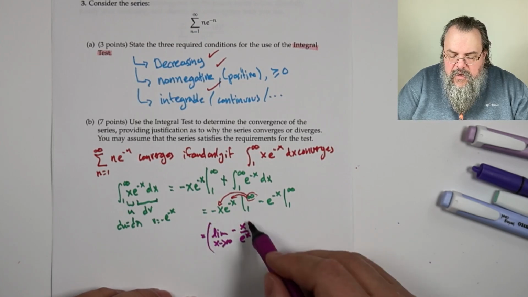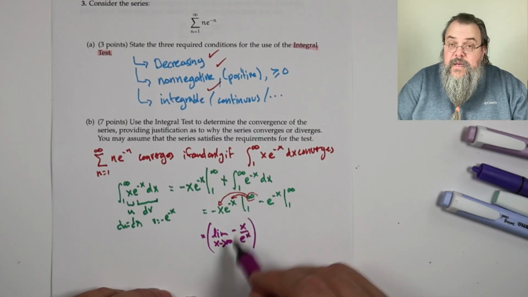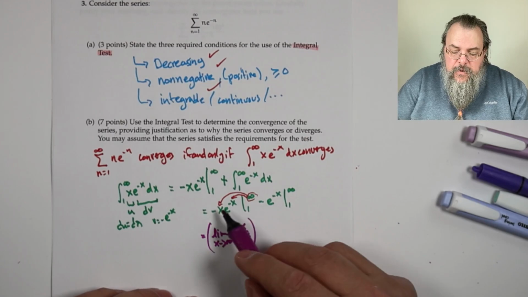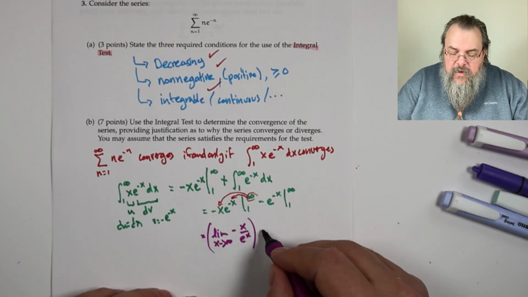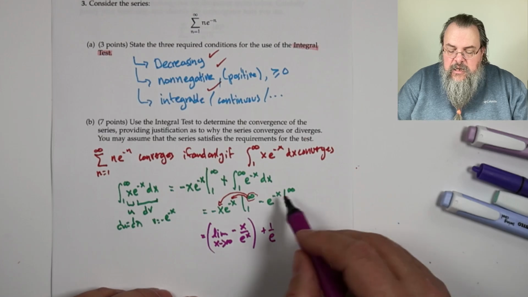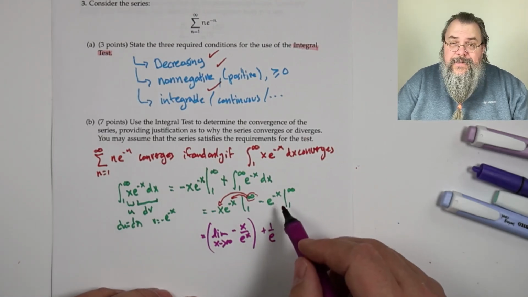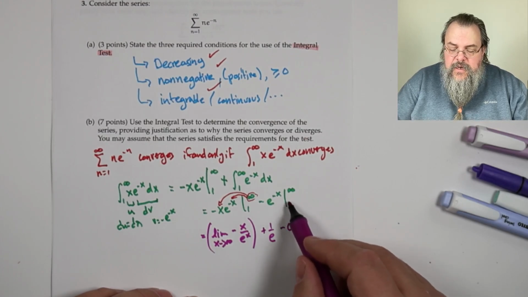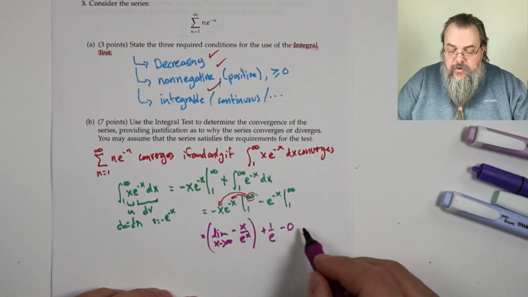That's when you plug in the infinity part. That's really what it means. When you plug in infinity, it says, what happens as you get big? When you plug in 1, you get minus makes a plus, 1 over e. Here, when you plug in infinity, e to the minus infinity is 0, so we're not even going to think about that. And when you plug in 1, again, it's minus 1 over e.